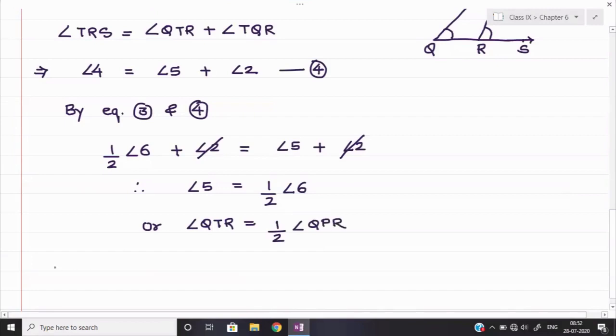This was only required to be proved in the question. However, the question was a little lengthy for us. So once again you can listen to the whole explanation if you have doubt somewhere in the solution. So this completes question number 6.